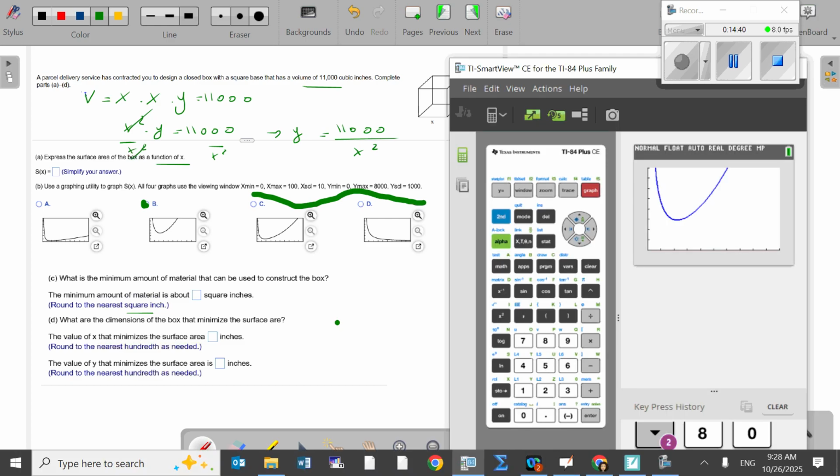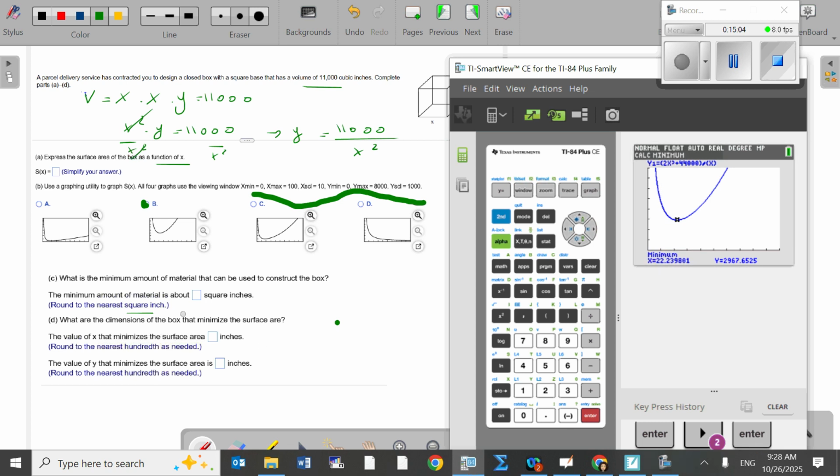To find the minimum, you're going to go to second trace and go to minimum here. And you need to move the cursor to the left side of the minimum point, and then go to the right side, enter, and move almost to the top, enter, and it's going to give us these values.